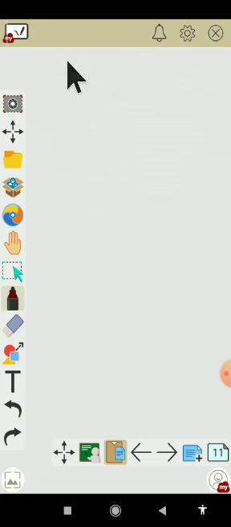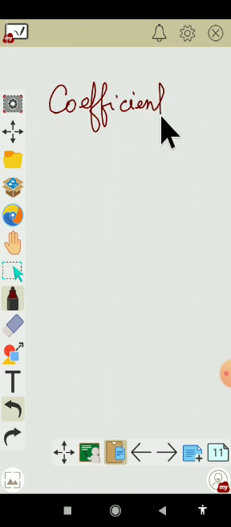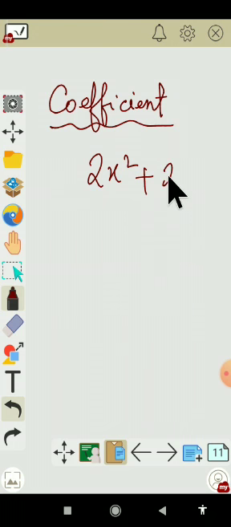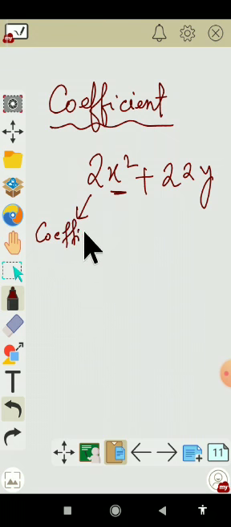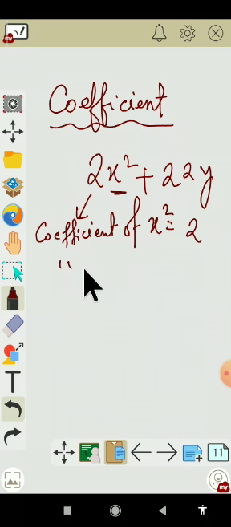Now coefficients. What do you mean by coefficient? If you have an algebraic expression, along with the variable, whatever constant number is there, that is called the coefficient. So here the coefficient of x square is 2, the coefficient of y is 22.